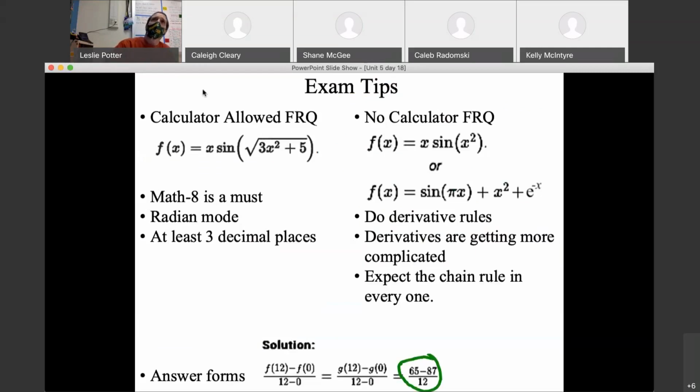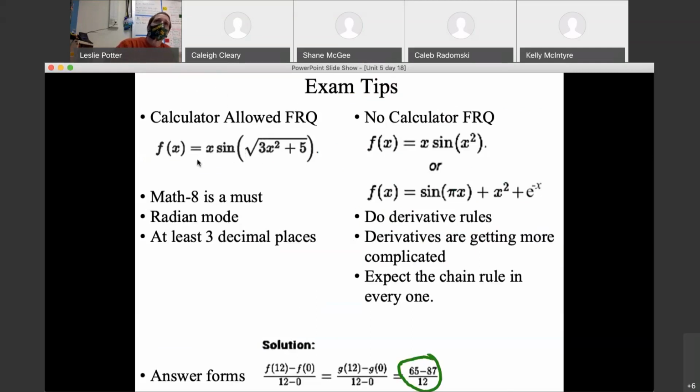Calculator allowed for response questions. They give you nasty stuff, okay? They give you this stuff to differentiate. And while I would bet that you could do it if given enough time, you know, it's a chain rule and the product rule and all that stuff, don't. They want you to use your math 8 on your calculator, okay?